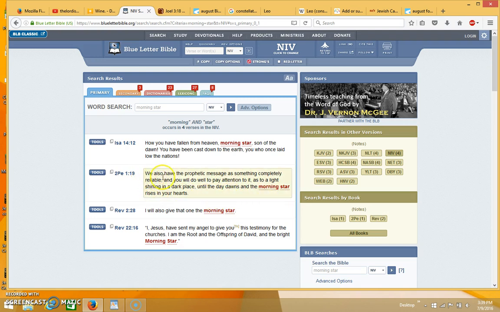It says, "We also have the prophetic message as something completely reliable, and you will do well to pay attention to it as to a light shining in a dark place until the day dawns and the morning star rises in your hearts." And over here in Revelation 2:28 it says, "I will also give that one the morning star."